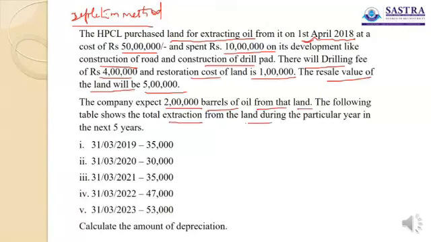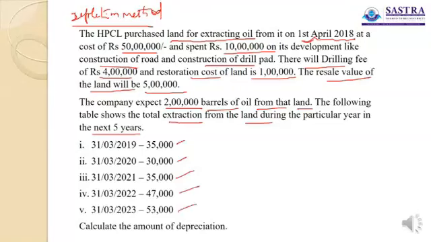See how many barrels of oil have been depleted or extracted: 31st March 2019, 18-19, 35,000; 19-20, 30,000; 20-21, 35,000; 21-22, 47,000; 22-23, 53,000. Calculate the amount of depreciation.